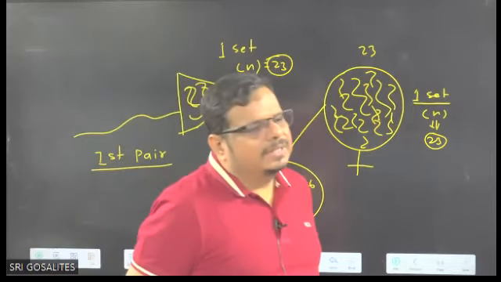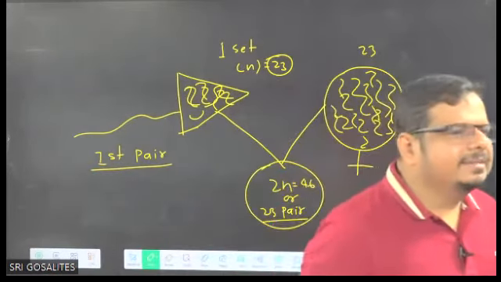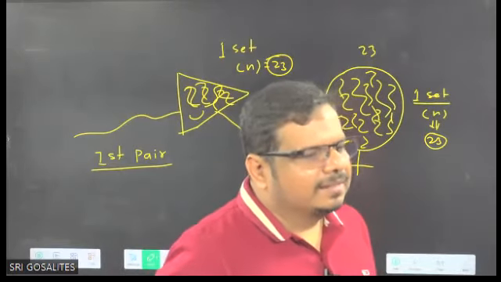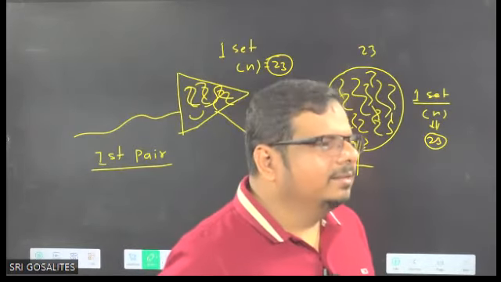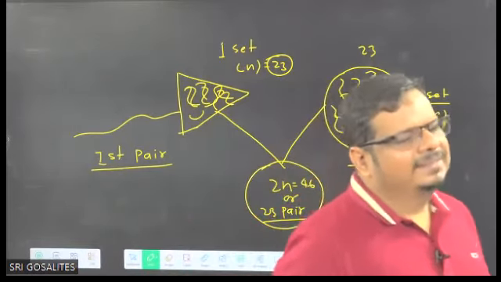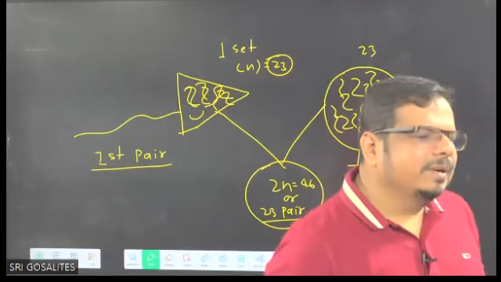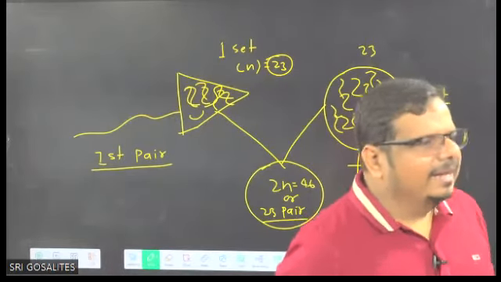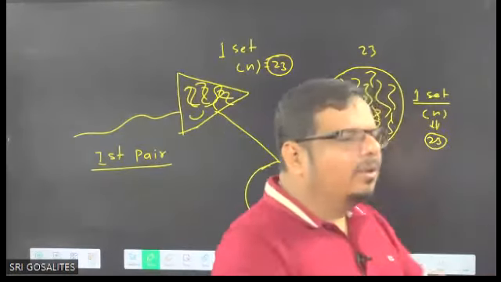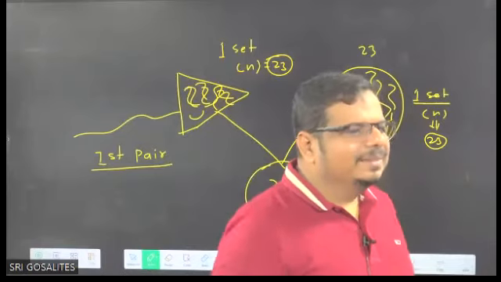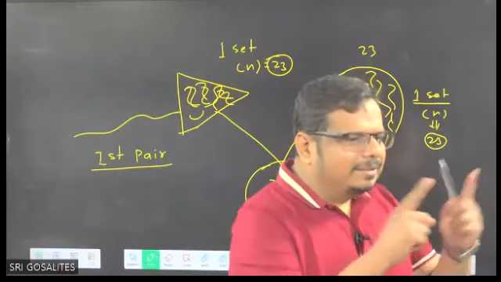Second longest of the sperm, listen to me carefully and patiently. Second longest of the sperm and second longest of the egg is called which pair? Second pair. Third longest of the sperm, third longest of the egg, third pair, and so on. 20th longest of the sperm and 20th longest of the egg have the same size or different size?